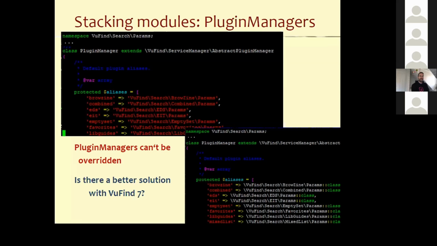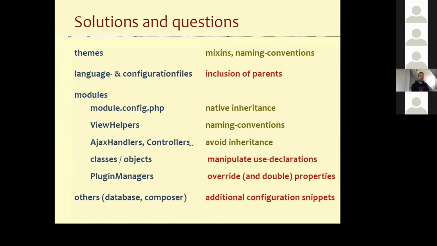So as a summary, in working with this kind of modular way of extending VuFind, everything is fine with themes by using mixins and special naming conventions. It's quite fine with language and configuration files.